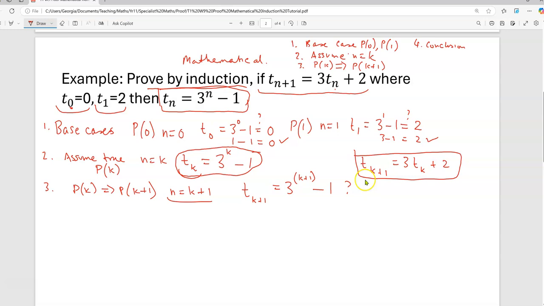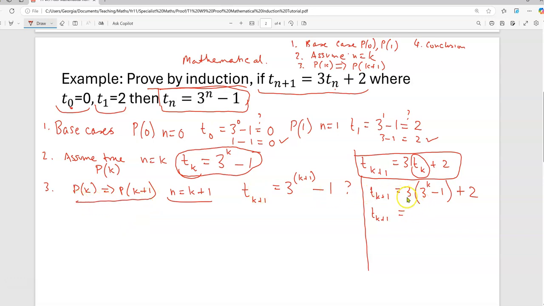We know that over here, T of k plus 1, if that is true, we've worked out what T of k is. That's equal to 3 times 3 to the power of k minus 1 plus 2. Okay, so putting that in there, that's going to be helpful to try and prove the implication here.